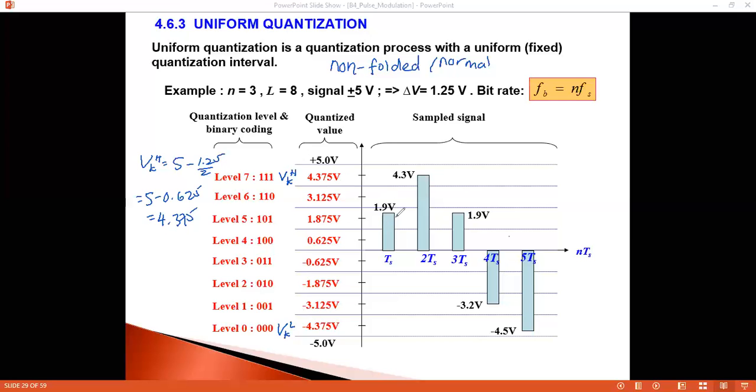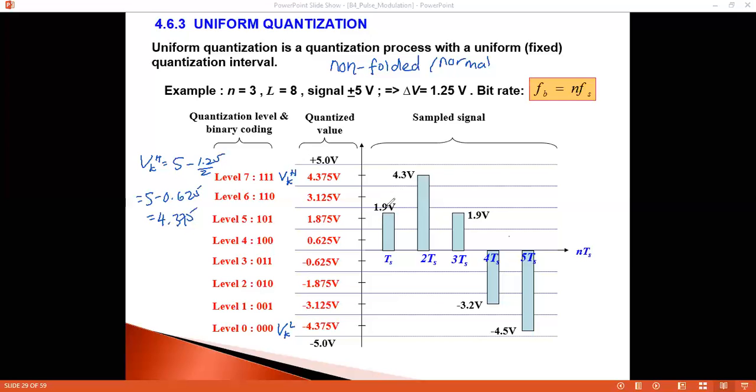Okay, so these are the sampled voltages, these black fonts, 1.9, 4.3, and so on. These are the sampled voltages, the actual voltages from our information analog signal. If you look here at 1.9, what is the quantized voltage?